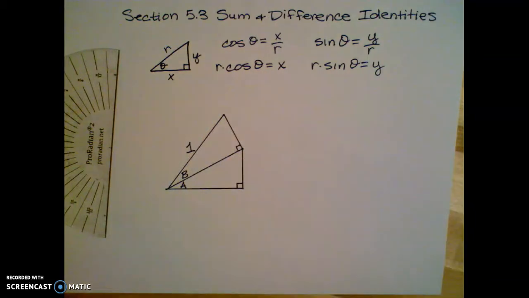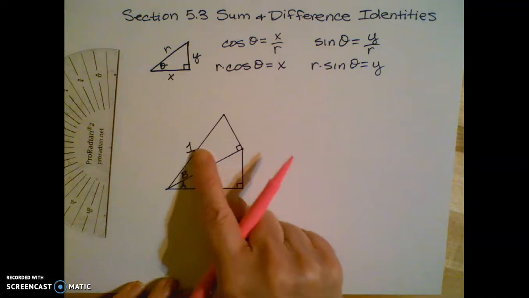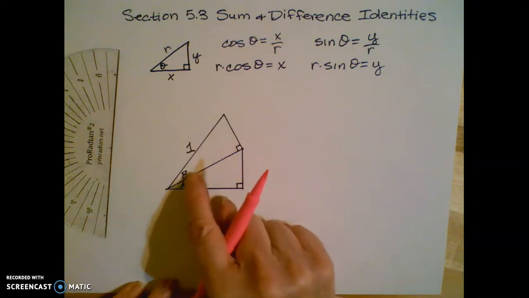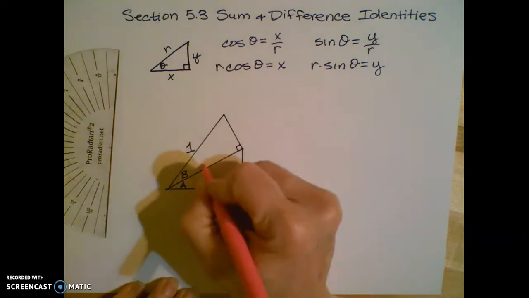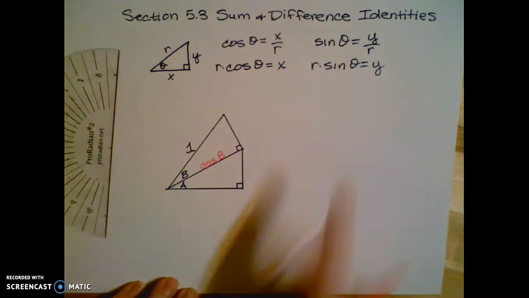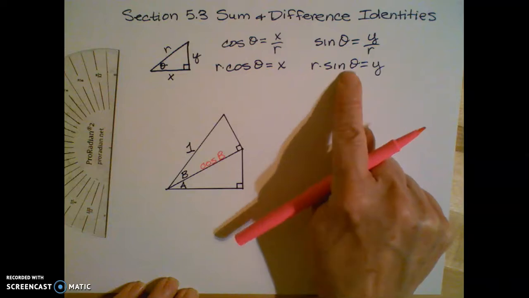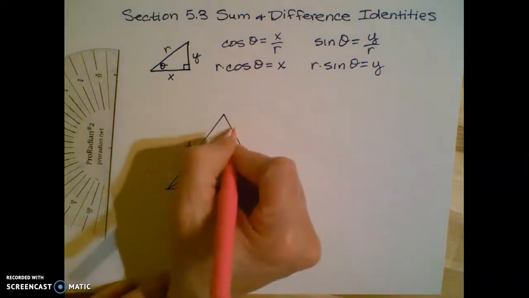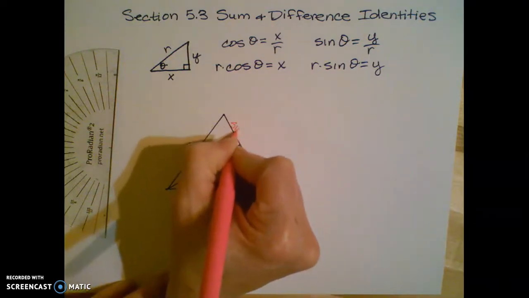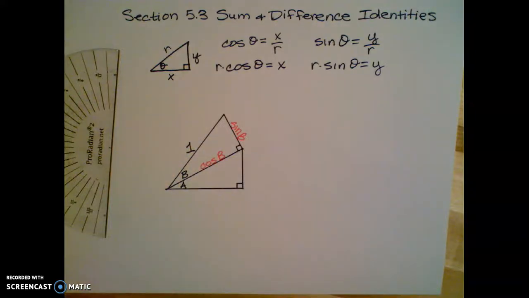So in that case, the length of this leg adjacent to angle B, with hypotenuse of 1 times the cosine of B, would produce the cosine of B. And for the length of the side opposite the angle, it's the length of the hypotenuse times the sine of the angle. In this case, 1 times the sine of B would just be the sine of B.